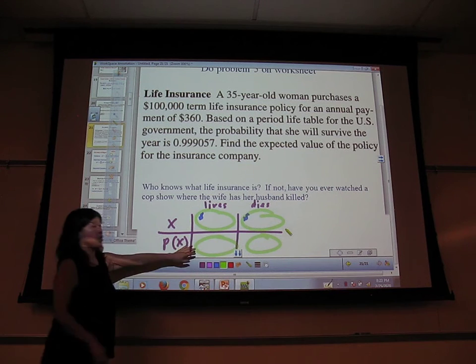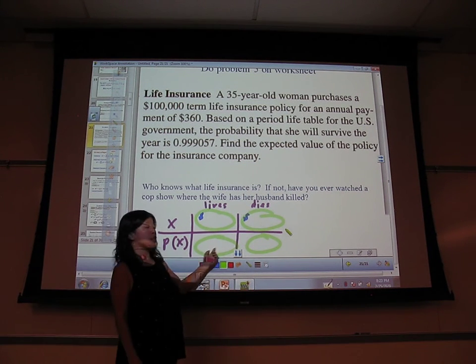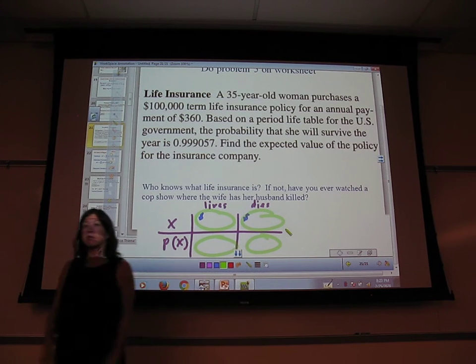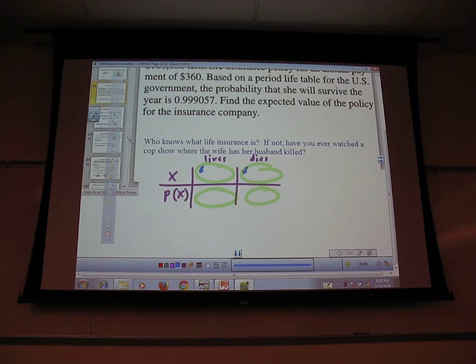Do you know the probability that she lives? 0.99. Then if you know the probability she lives, you'd be able to figure out the probability that she doesn't. So fill those in. If she lives, they get plus 360.